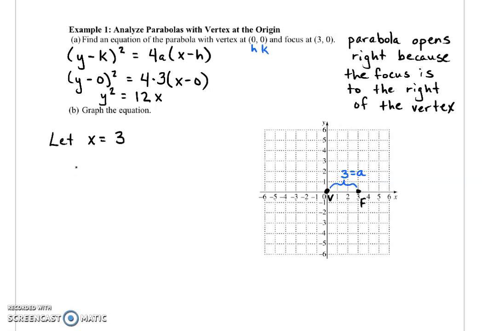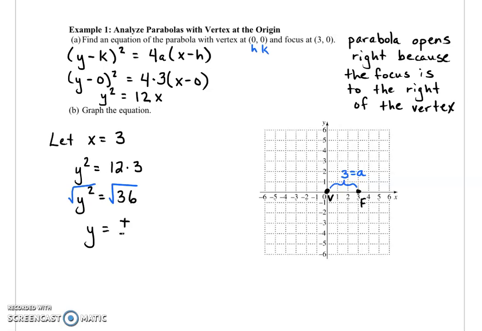So if we plug this in, we get y squared equals 12 times 3, which means y squared equals 36. So if we solve for y by taking the square root of both sides, we get y equals plus or minus 6. So we got 2 points out of that.